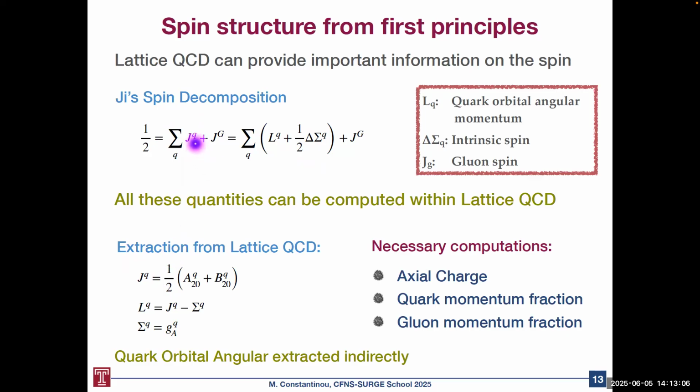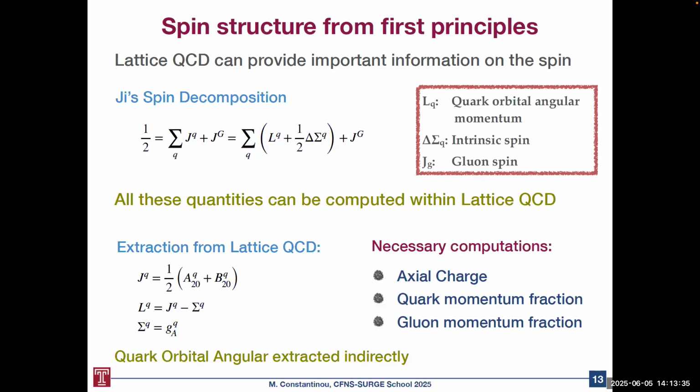There is an operator that relates to the intrinsic spin, and there is an operator relating to the gluon component. There is no operator that relates to L_Q. So you calculate J_Q and you calculate the intrinsic contribution for that flavor, and then you subtract them to get L.